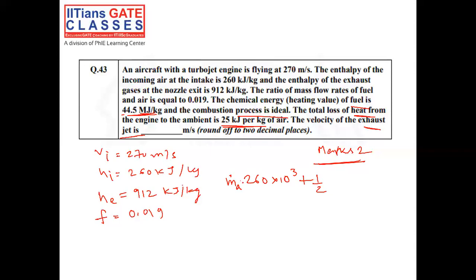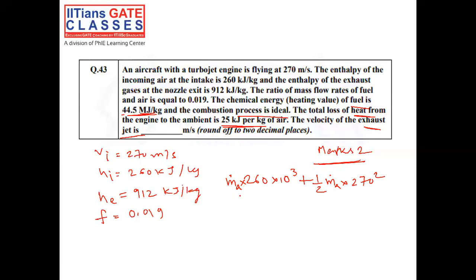This is the total energy at the entry of the aircraft. As we are considering the compressor to be ideal with efficiency 1, there will be no loss inside the compressor, and this will be the energy available at the entry of the combustion chamber, right?